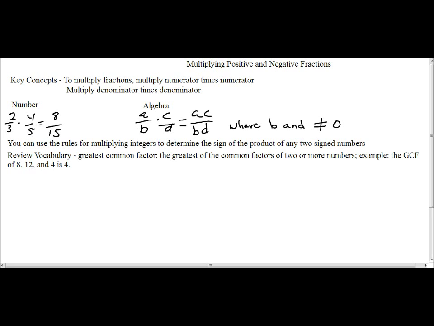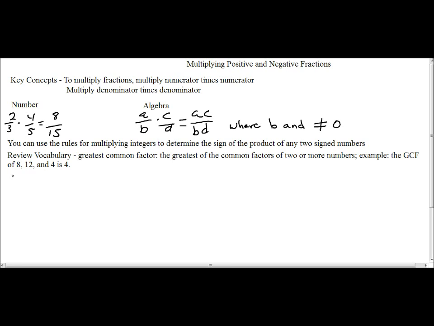Now, you can use the rules for multiplying integers to determine the sign of the product of any two signed numbers. What are those rules? If the signs are the same, let's go ahead and write this down.